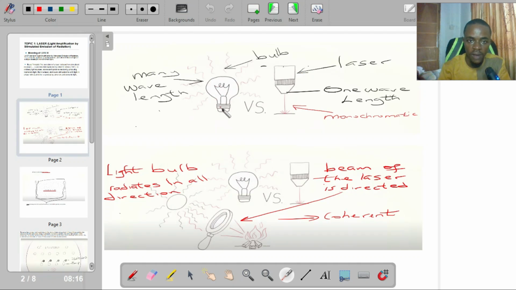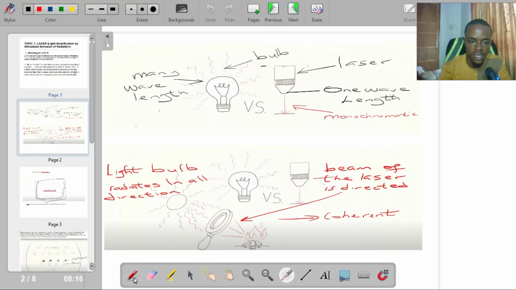Here is a very practical example. Now you have your light bulb at home, your bulb, your globe. And here is a sample of a laser. Once you turn on your bulb, it produces wavelengths in many directions. These are the wavelengths you can see, in many directions.